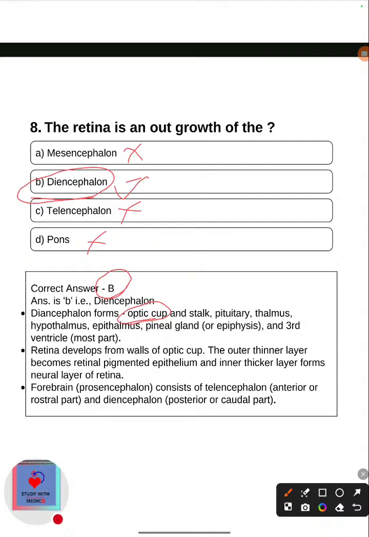The outer thinner layer becomes the retinal pigmented epithelium, and the inner thicker layer forms the neural layer of the retina. The forebrain is called the prosencephalon. It consists of the telencephalon, the anterior or rostral part, and the diencephalon, the posterior or caudal part.